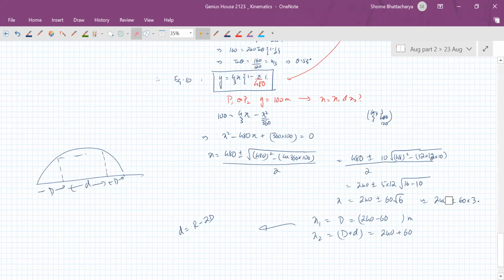So this also we will do an approximate calculation. So root 6 we can write similarly. Probably the easy way of writing it will be 9 minus 3 to the power half. So that is 3 minus 1 by 3 to the power half. So that is approximately 3 into 1 minus 1 by 6.